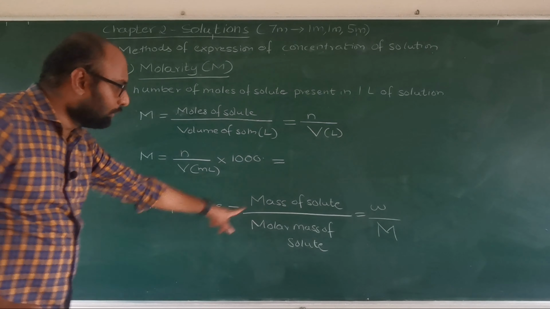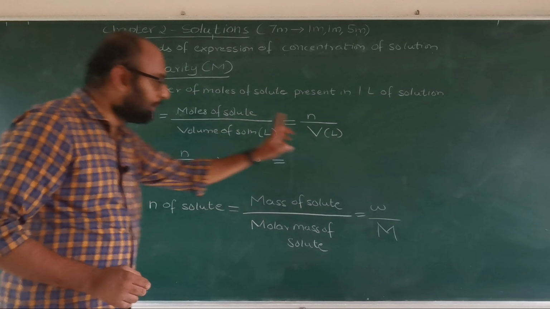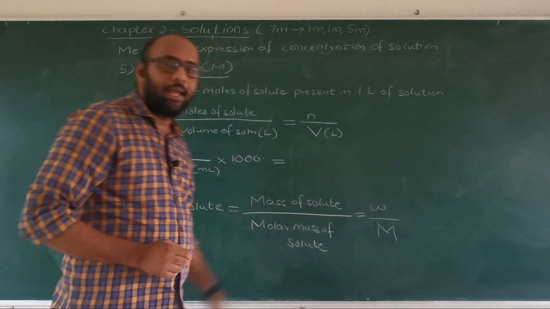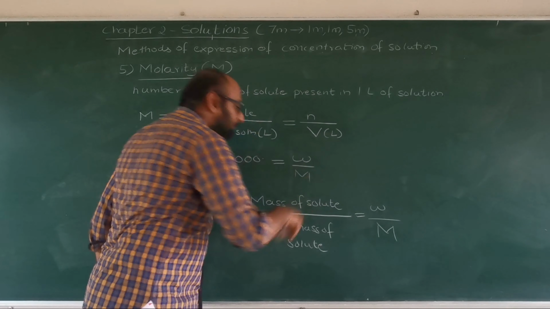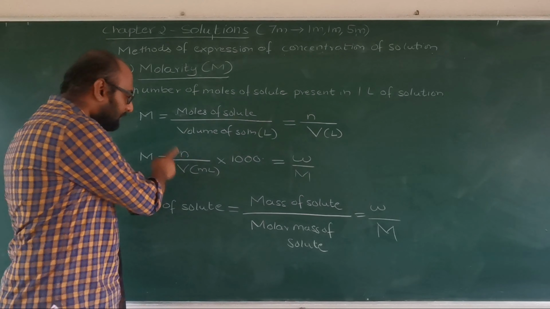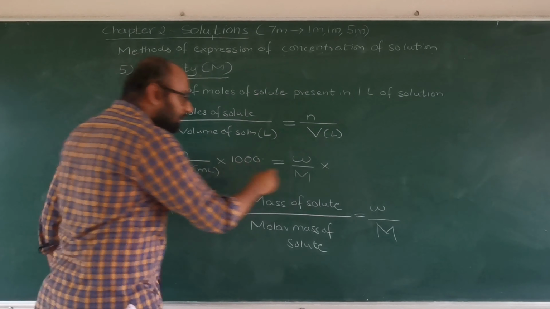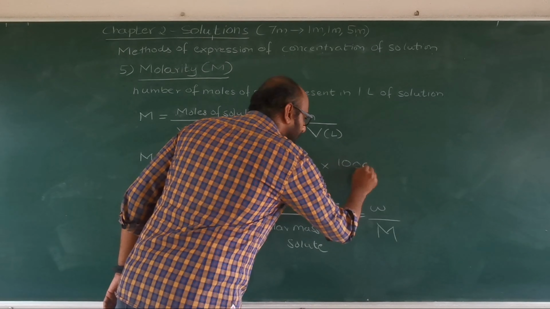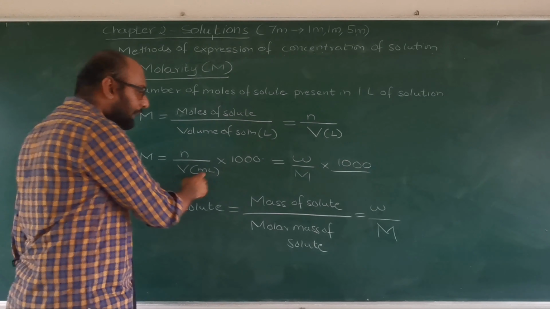Now, what is N? N is equal to W by M. So in the place of N, I am substituting W by M. This is nothing but N multiplied by, what else is remaining? We have 1000 here, divided by the volume in ml.